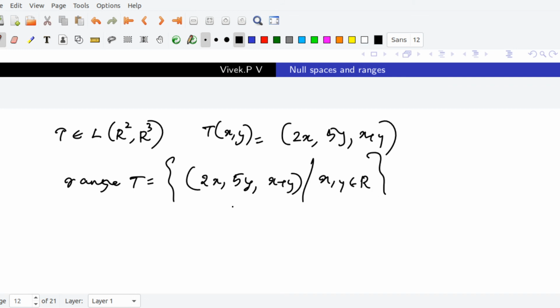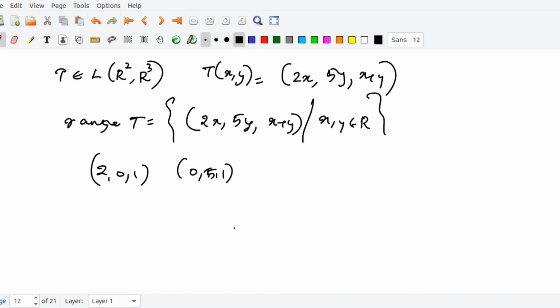If you try to find the basis of this range, actually the basis of the range is (2, 0, 1) and (0, 5, 1). It's very easy to compute because (2x, 5y, x plus y) is the general form of elements in the range space.